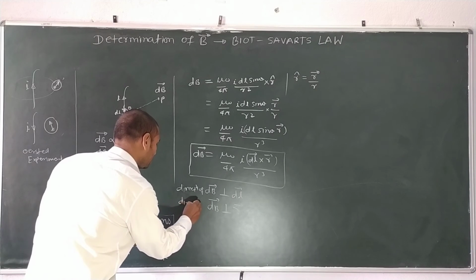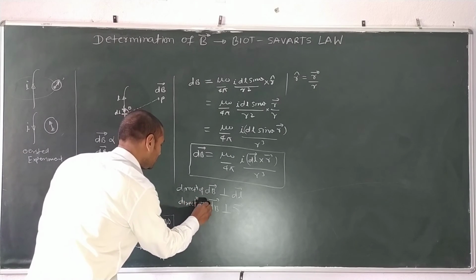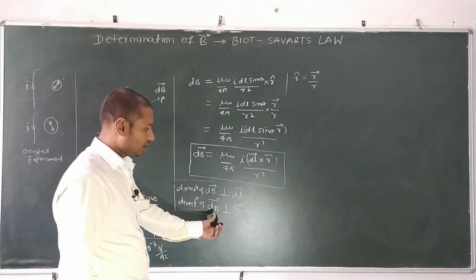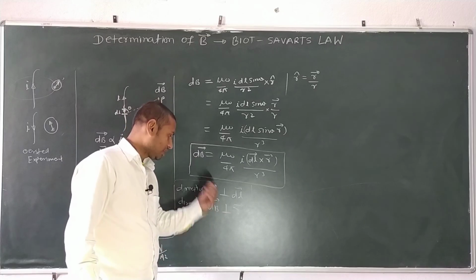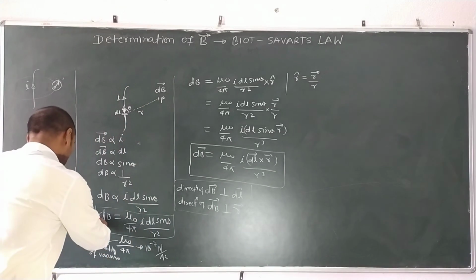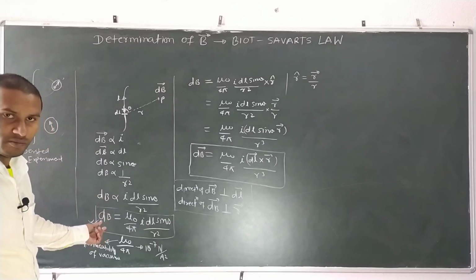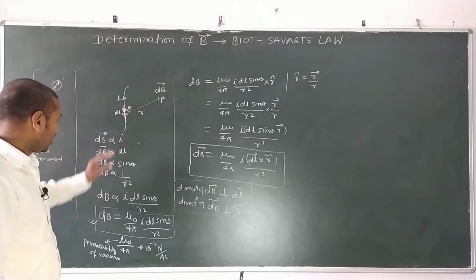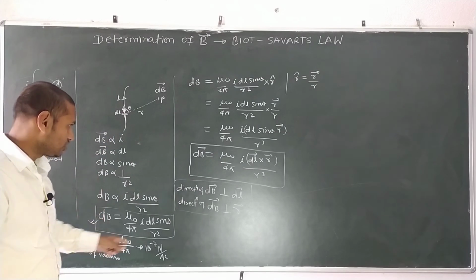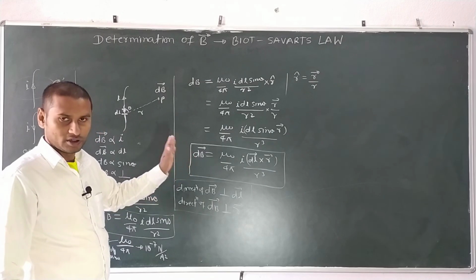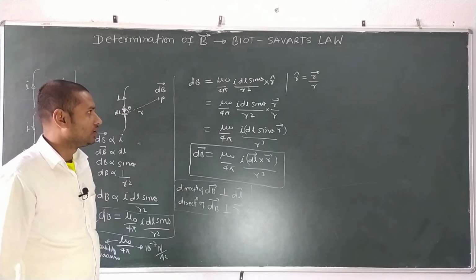This is the scalar form of the magnitude of the magnetic field around the current carrying wire at a point P at distance r with angle theta, and this is the vector form of dB, the magnetic field around the current carrying wire.